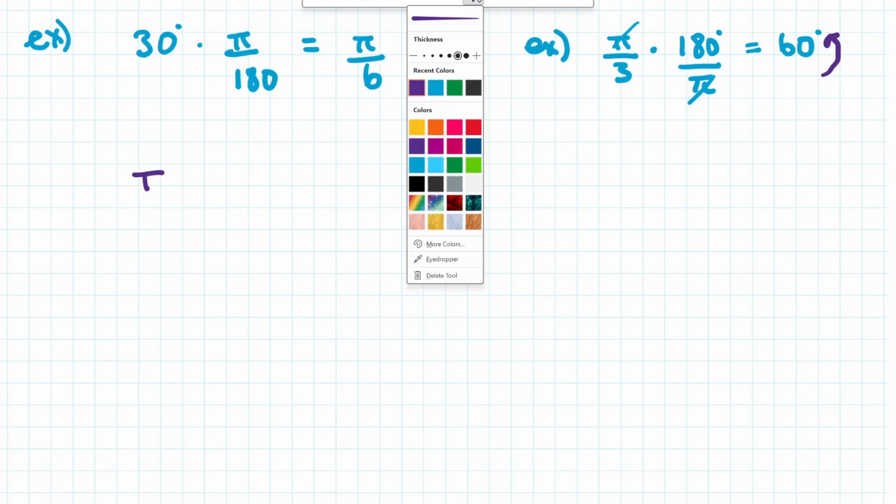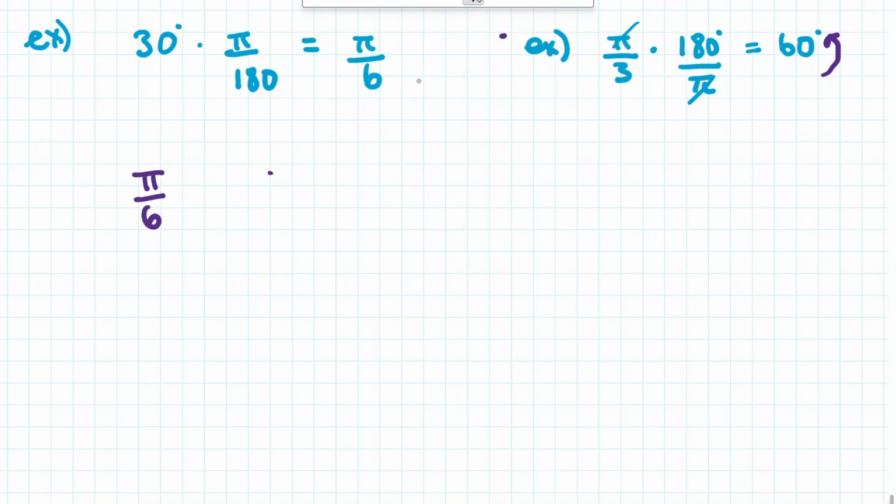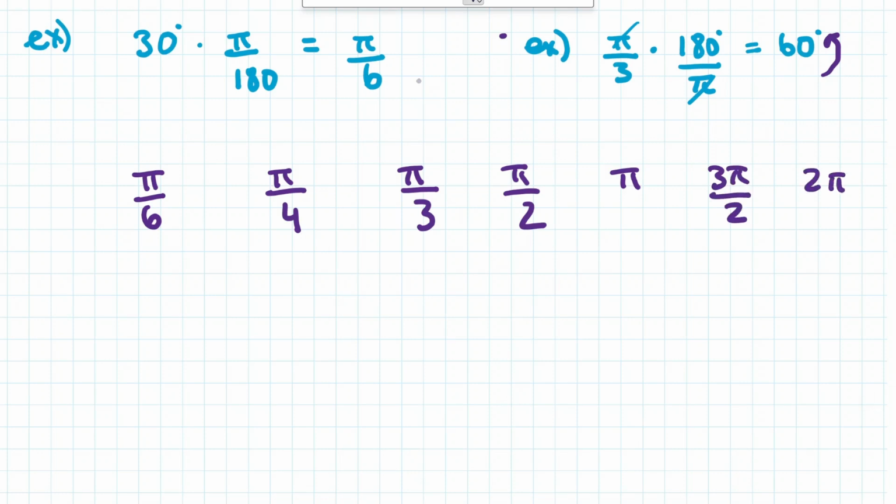Let's start with pi over 6. Oops. Let's do pi over 4, pi over 3, pi over 2, pi, and then 3 pi over 2 and 2 pi. Now underneath, let's write the equivalent in degrees.